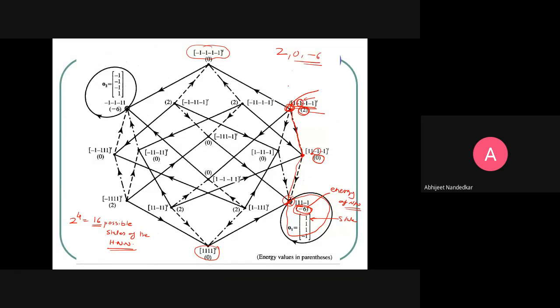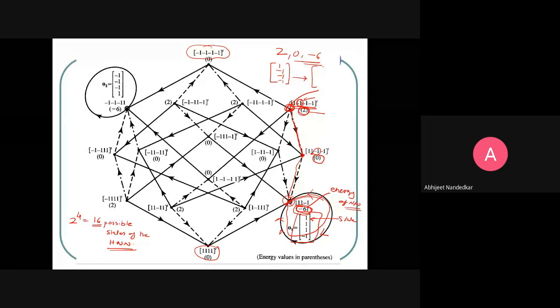Now this is the lowest possible energy in this network, and when you iterate from here onwards, you land at the same point. Your output will not change. So output is always 1 1 1 -1. The initial input was 1 -1 -1 -1, then you land at 1 1 1 -1.